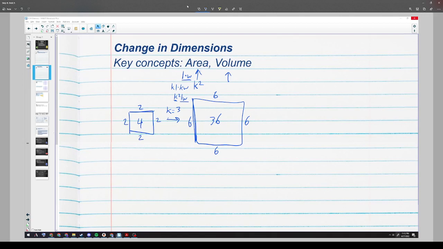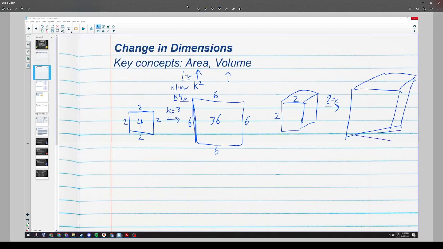Volume works similarly, but then we're going all the way to 3 dimensions. So if I have, say, a cube, and I scale it up, say this cube again is 2 per side, and I'm going to double it, so k equals 2. Then I'd end up with a cube that is bigger, and each side of this one is going to be 4.